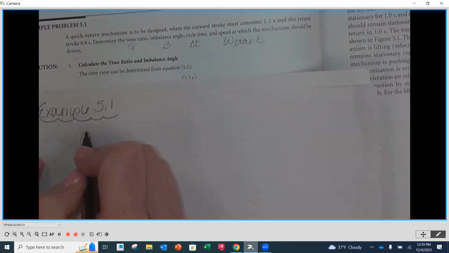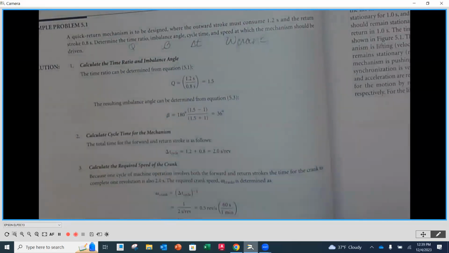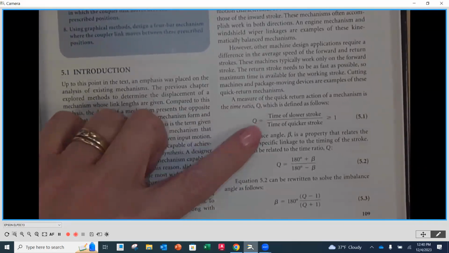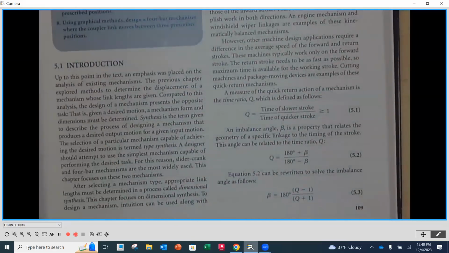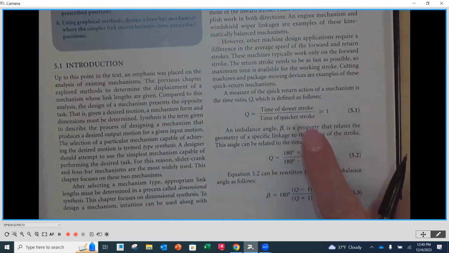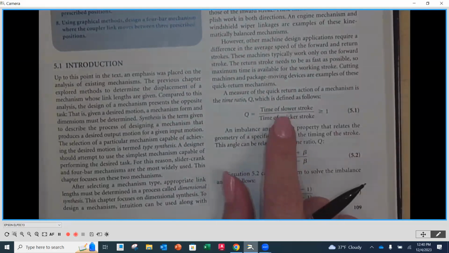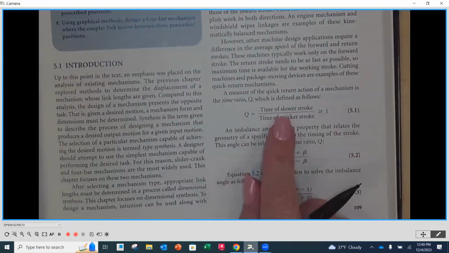So Q is going to be equal to, so if we go back to the previous page here, our equation for the time ratio is one of two equations here. If we know that imbalance angle or that beta, we can use this equation, but in this case, we do know the time of the strokes, okay?